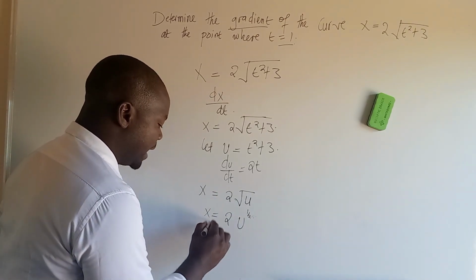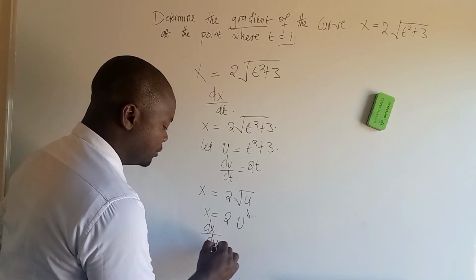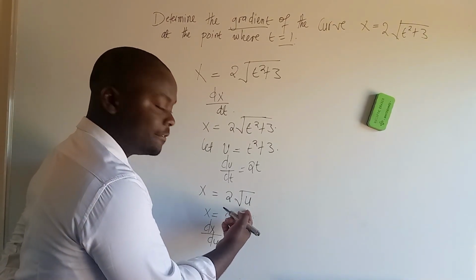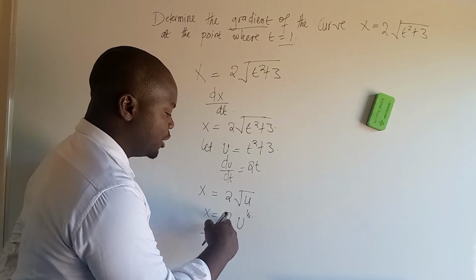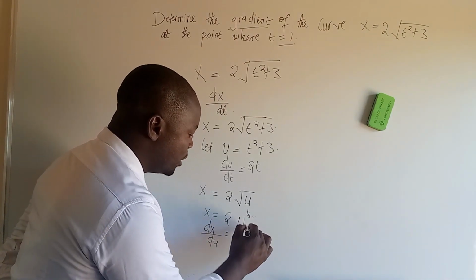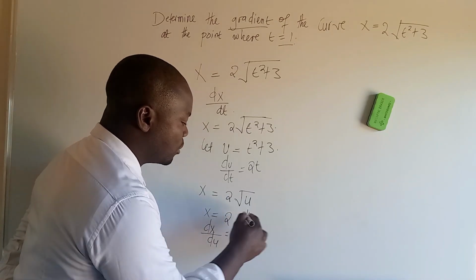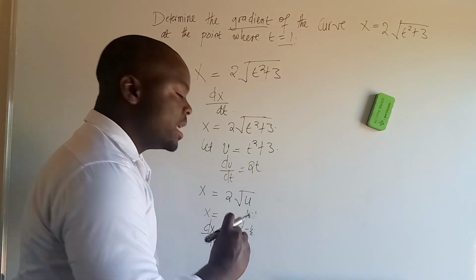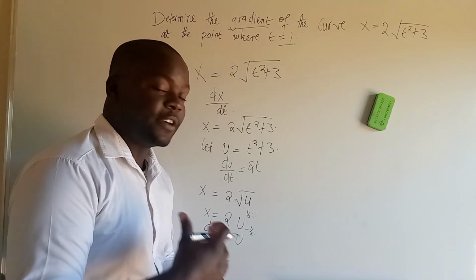So from here we can find dx over du. We take this half and multiply by 2, so the answer gives us 1. So we're going to have u raised to the power negative half, because we subtract 1 from the power. This is the principle of differentiation.